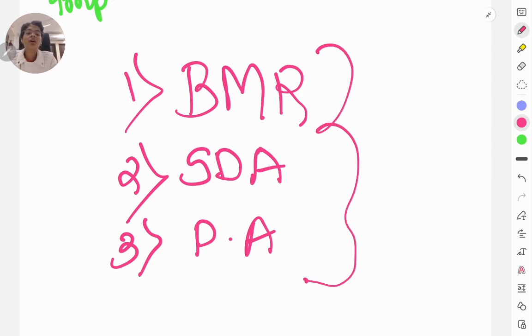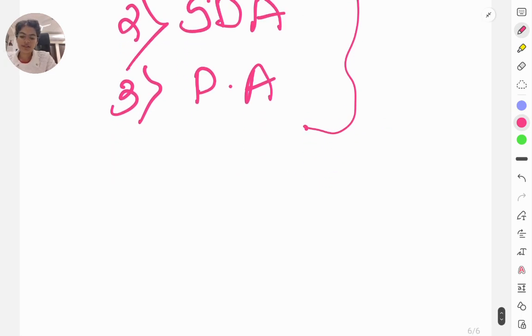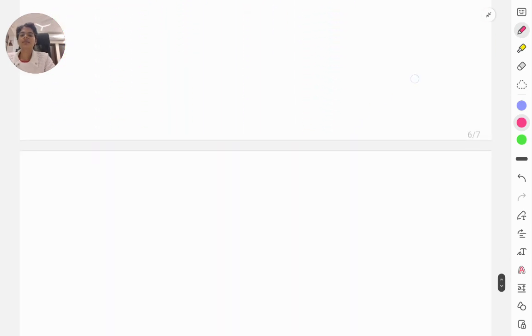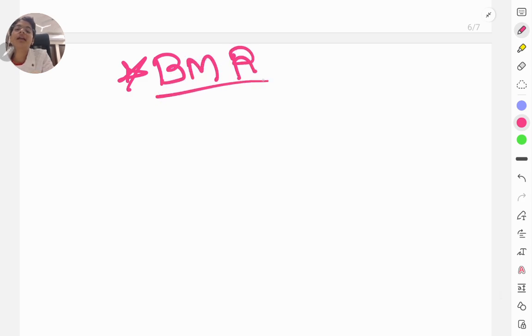Now all these 3 in total, their summation would be equal to the energy that we have taken in, that is the calorific value, energy available, right? Now we need to start with BMR. What is BMR? BMR, as the term is saying, basal metabolic rate.